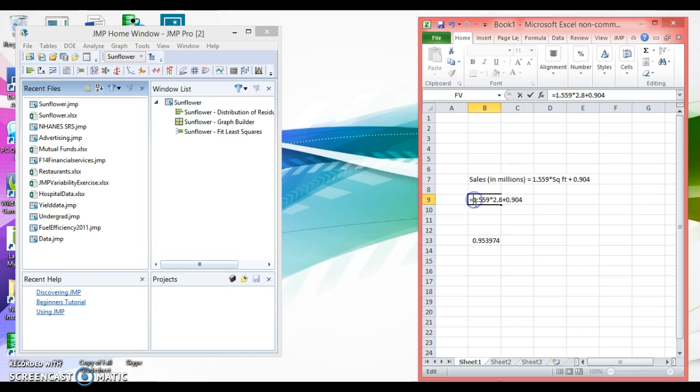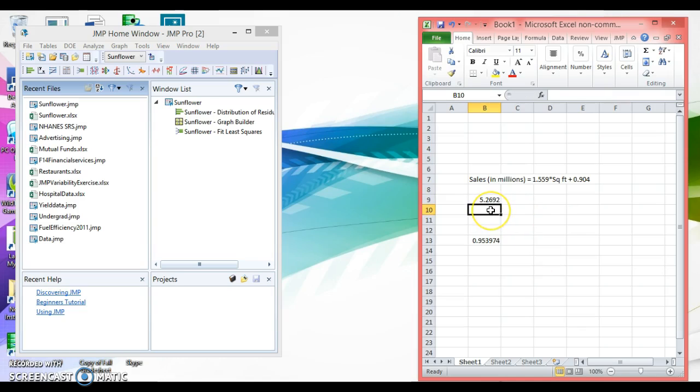Let's put this in parentheses just to make sure. So what I did there is I just plugged that 2.8 thousand square feet into the formula, and it'll return a value in millions of dollars in sales.